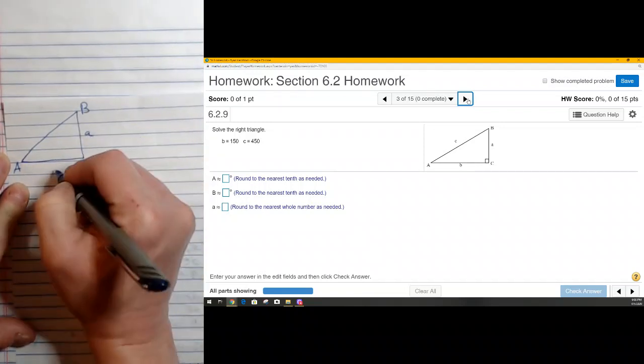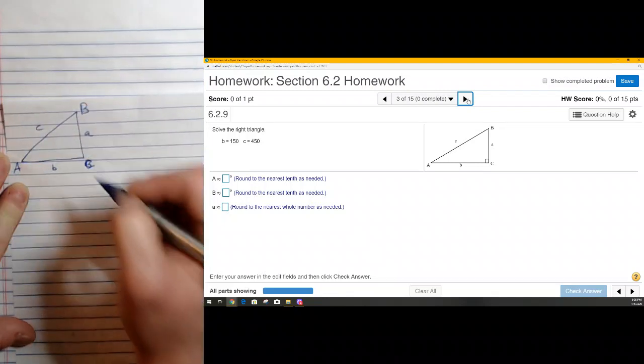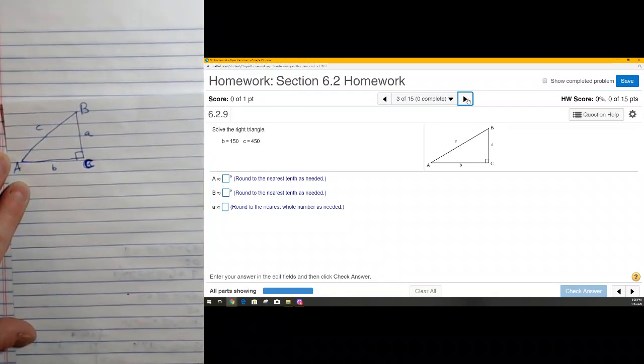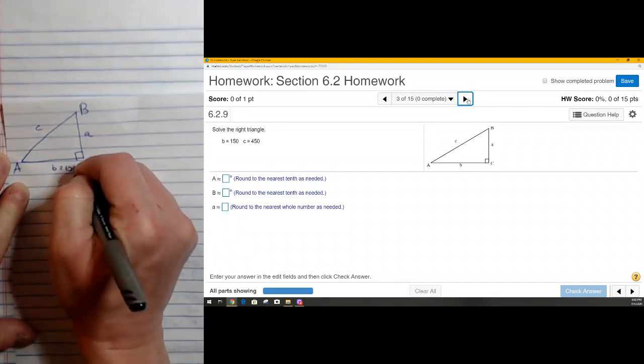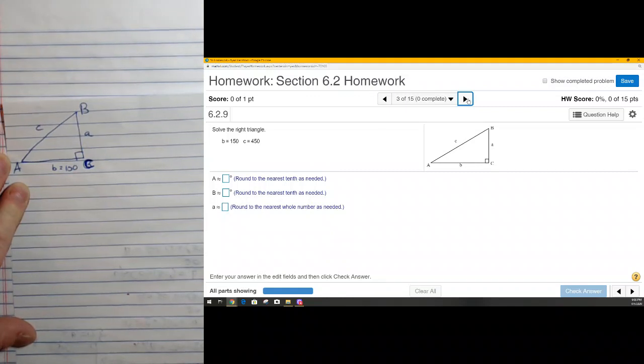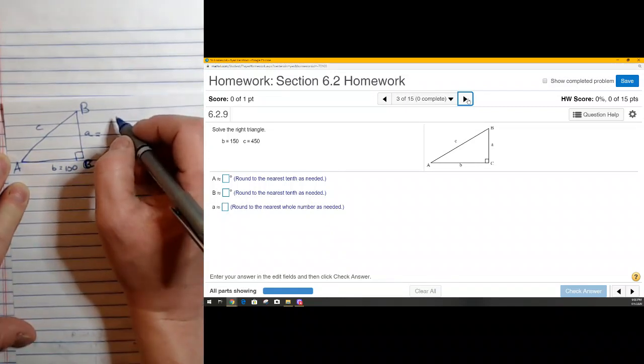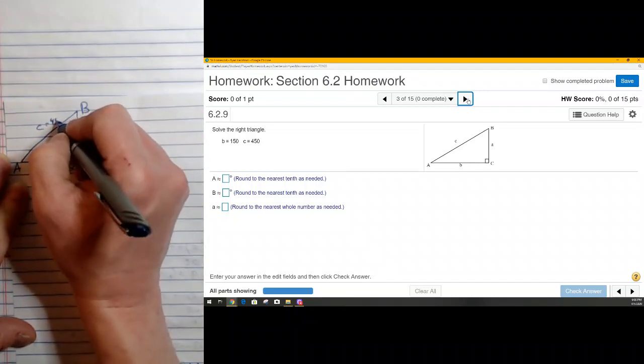I got little a, little b, and little c right here. I got my right angle, and I'm given the fact that b is 150, and c is equal to 450.